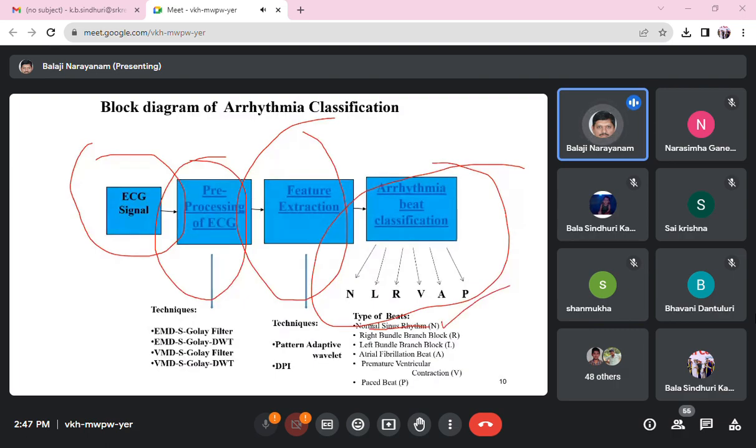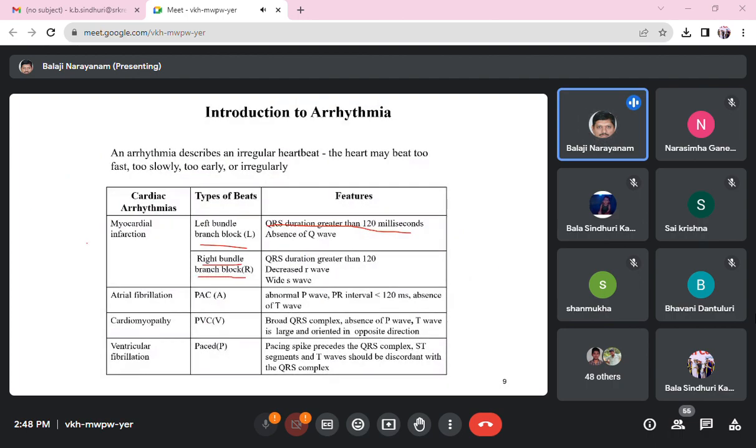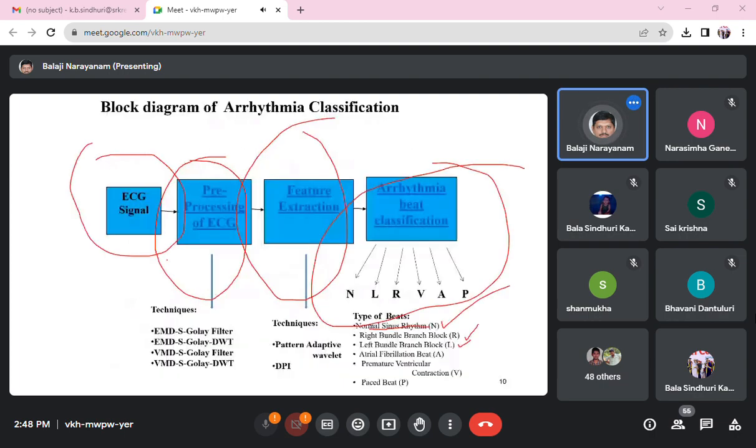Apart from N, V and S, we have also taken left bundle branch block and right bundle branch block. These are different types of beats in the various cardiac arrhythmias that we are talking about.